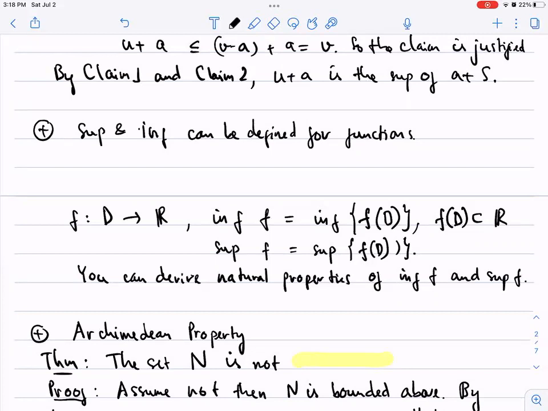This is also called the range of the function. So, in short, the infimum and supremum of a function are just the infimum and supremum of the set which is the range of this function. Using this definition, you can derive natural properties of infimum and supremum for functions.